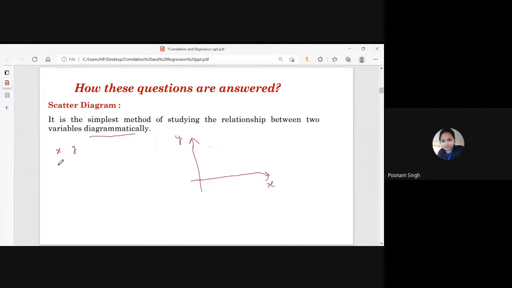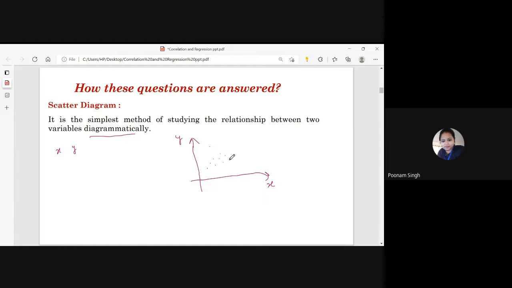Suppose you have collected 50 observations, so you have 50 sets of data, and for every pair we will put a dot in the scatter diagram.